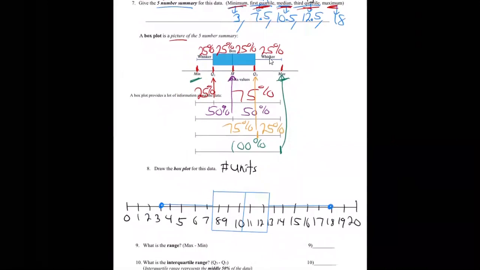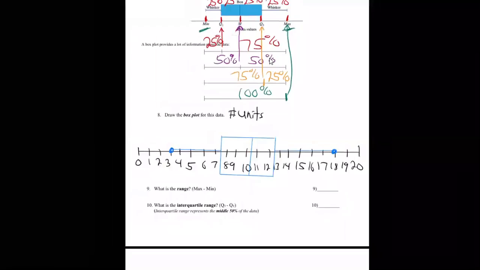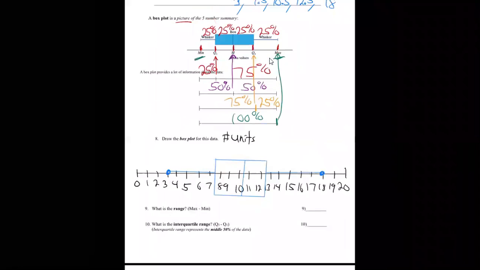So what does that tell us? What does that picture mean? Remember, a box plot is the 25% thing. That means 25% of the class, a quarter of you guys, are taking somewhere between 3 and 7.5 units. The next 25% are taking between 7.5 and 10.5 units.